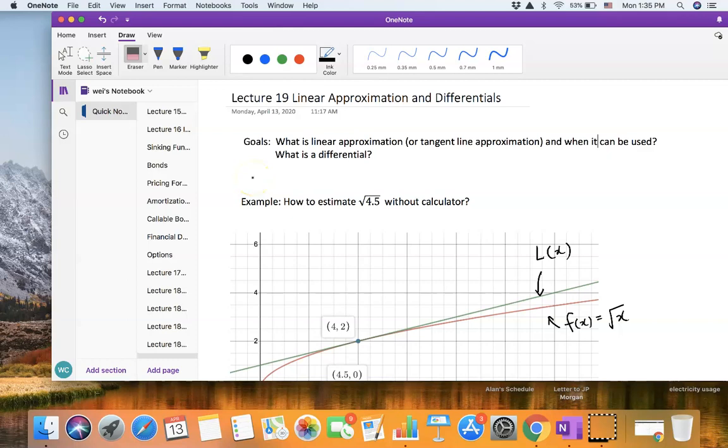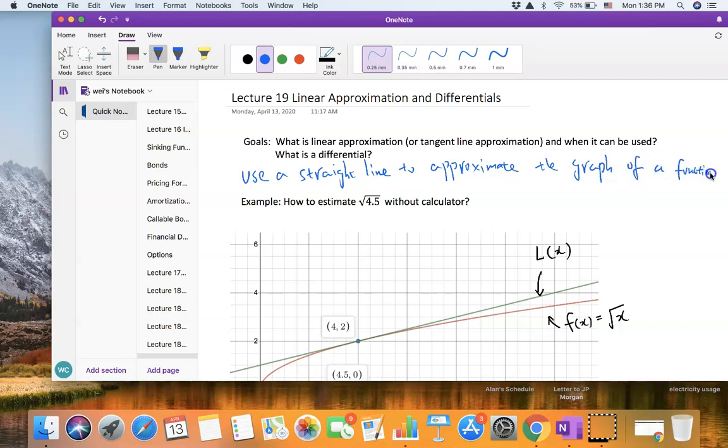We use a straight line to approximate the graph of a function. This is what linear approximation means.